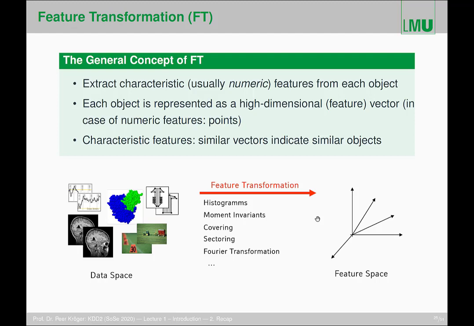So this explicit modeling, once again: you try to extract characteristic features. Usually you try to make the features numeric for each object, and then each object is represented as a high-dimensional feature vector, as we have said before already. And characteristic features means that if the resulting vectors of the feature transformation are similar, they indicate that the objects behind those representations are also similar.